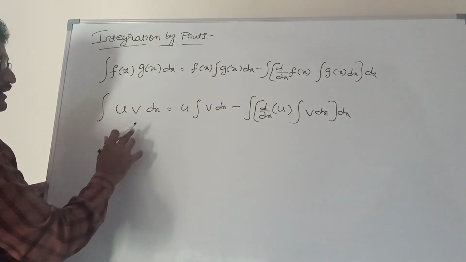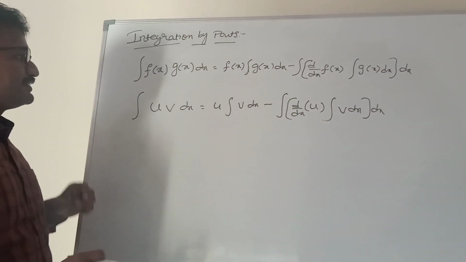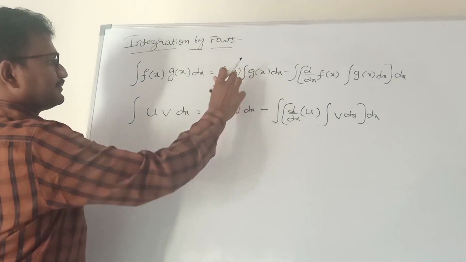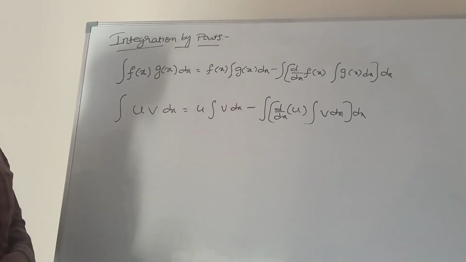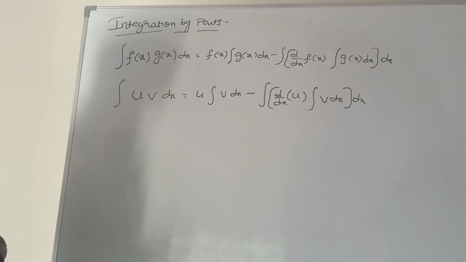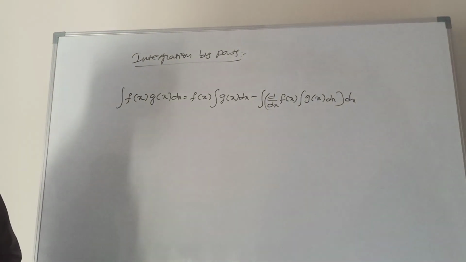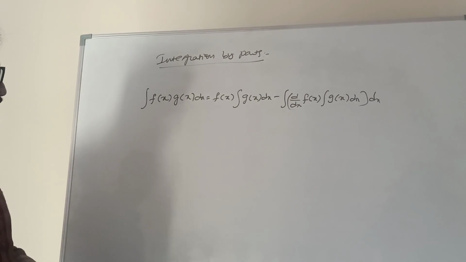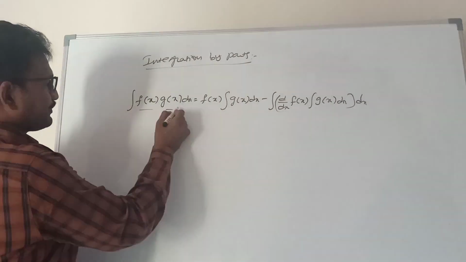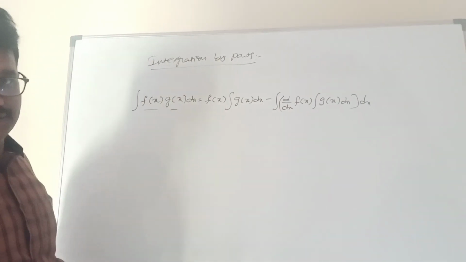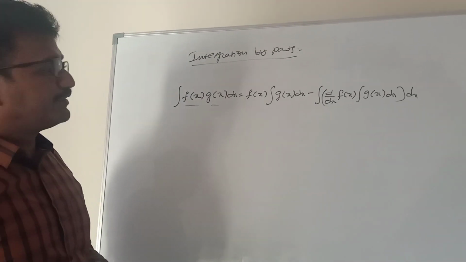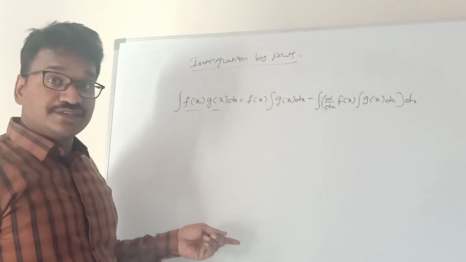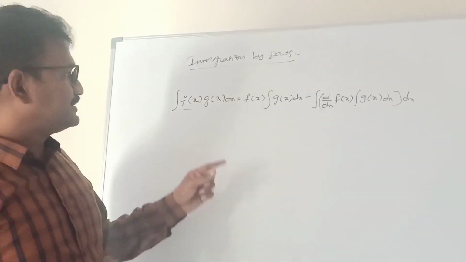Either we can write uv or f of x into g of x. By using this formula we will find the integration if we have two different functions, this is by parts. So in integration by parts, two different functions are there, f of x and g of x. Among these two functions, which function we will consider as f of x and which as g of x?